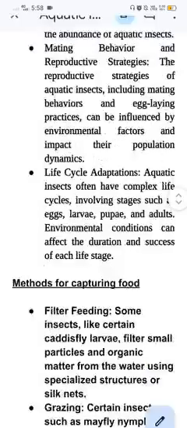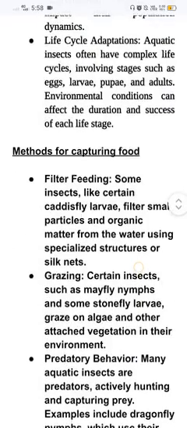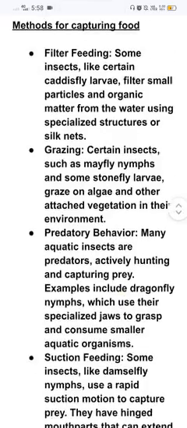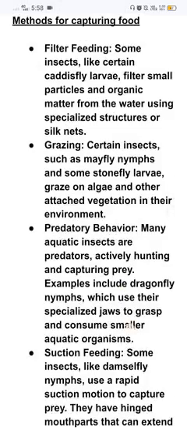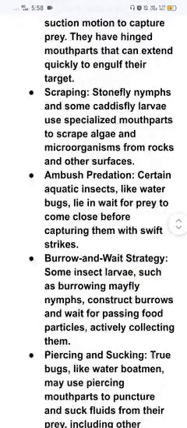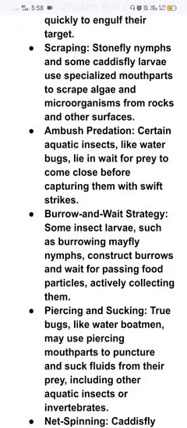So until now we mentioned some important methods for capturing food. So let's have a quick recap. Filter feeding was a primary mechanism, then grazing, predatory behavior, suction feeding, scraping, ambush predation. Ambush predation in the sense wait for prey to come close, then capture that with swift strikes.